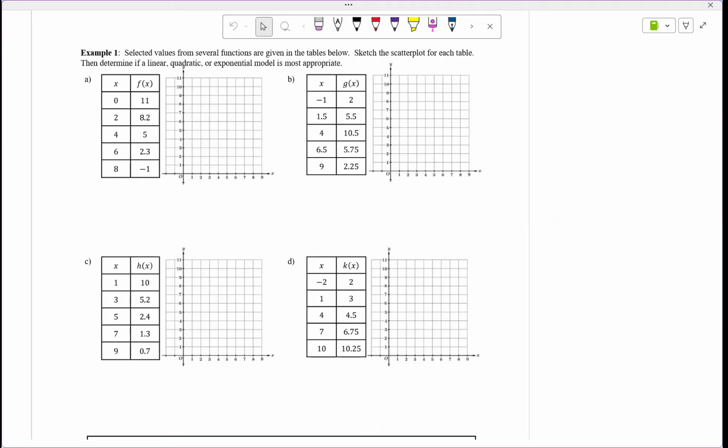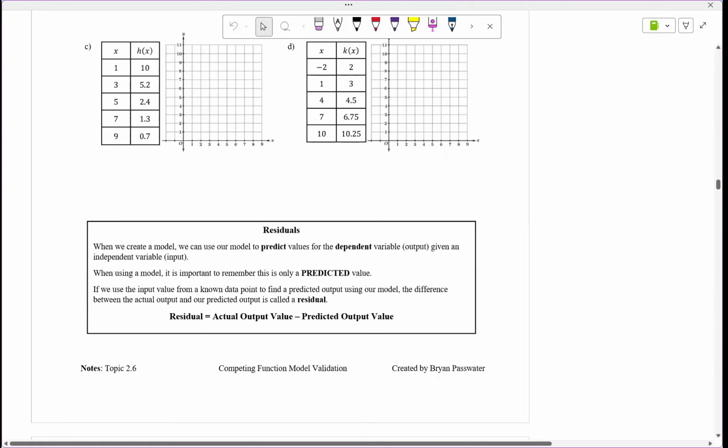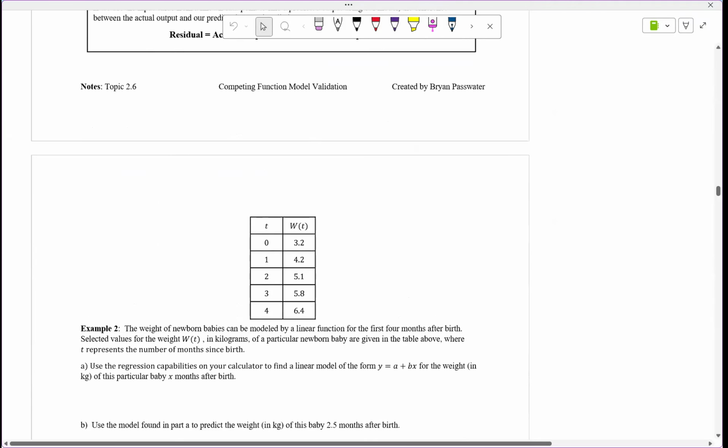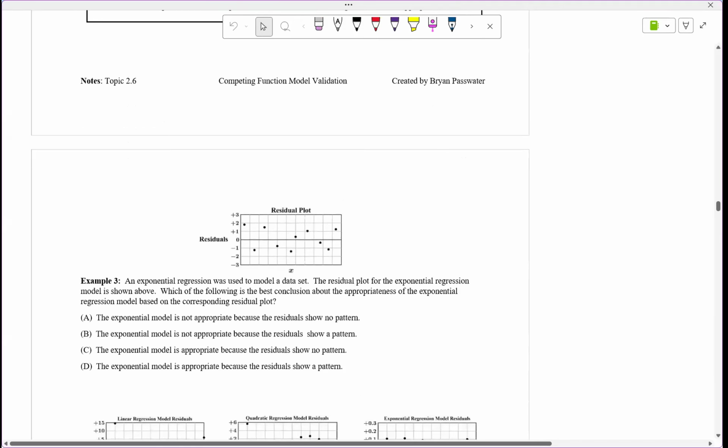It's a guess. It's the best fit. They don't need the exact.